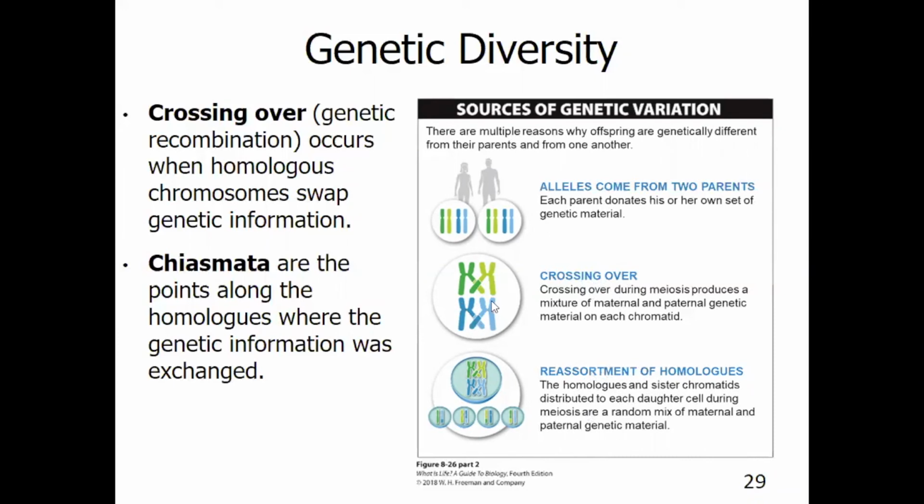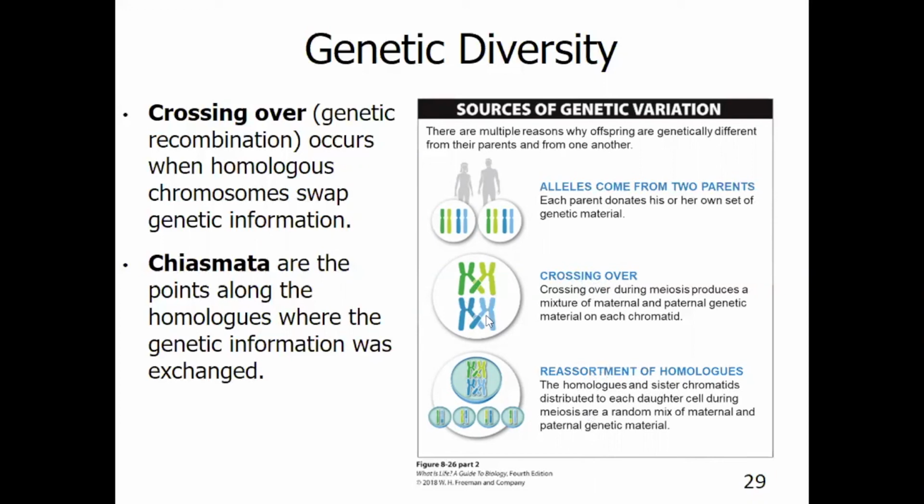And in light blue, we see another set of sister chromatids coming from dad. And again, sister chromatids are identical. Now these 2 darker blue sister chromatids and the 2 lighter blue sister chromatids are not identical to one another.